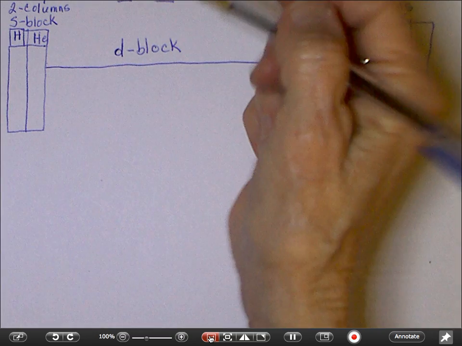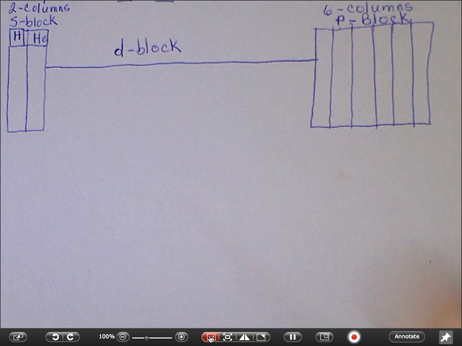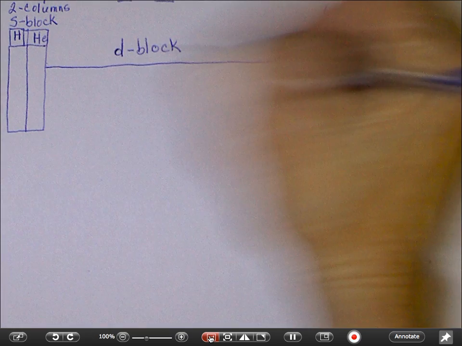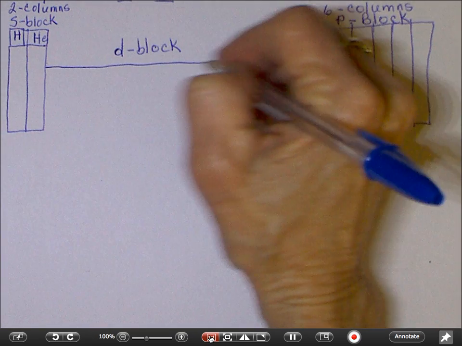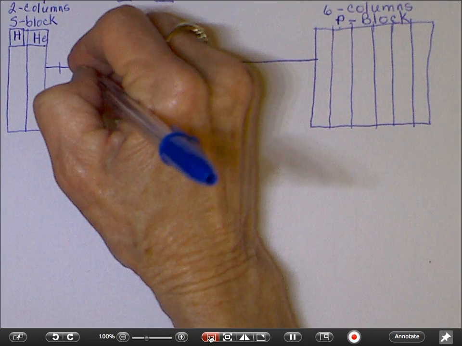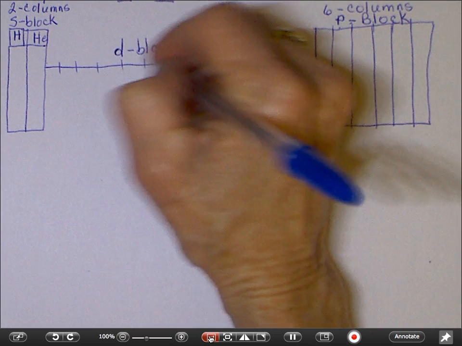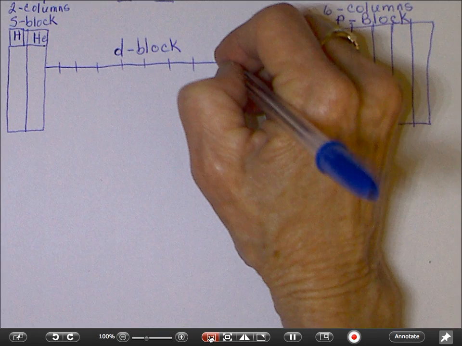And it has 10 columns. If you count, starting 21 through 30, you'll see that there's 10 columns there. So that means I need 9. One, 2, 3, 4, 5, 6, 7, 8.